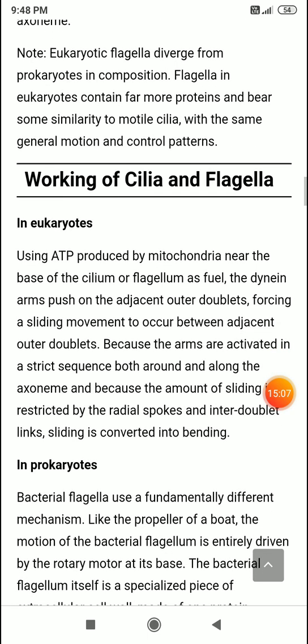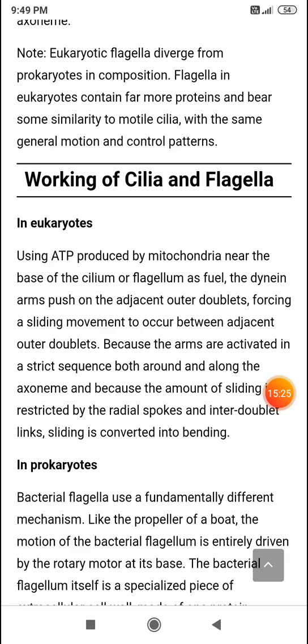The arms are activated in a strict sequence both around and along the axoneme, and because the amount of sliding is restricted by the radial spokes and inter-doublet links, sliding is converted into bending.